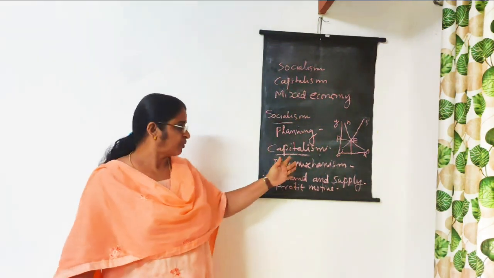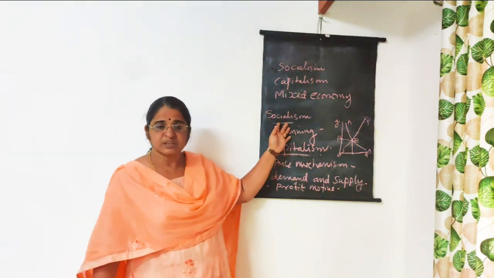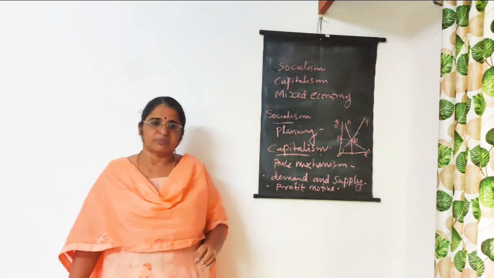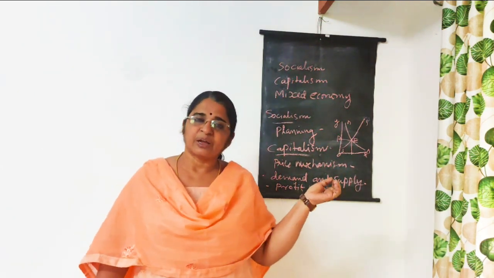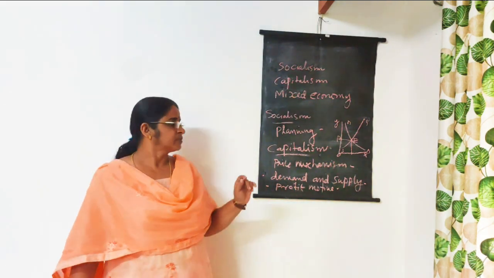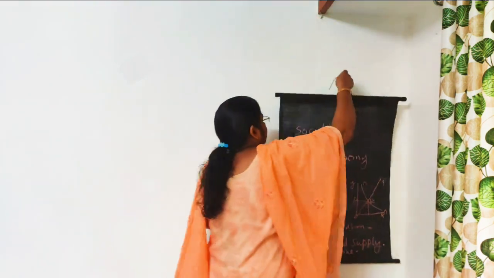Profit motive. Their motive is profit motive, and the motive of socialist countries is to maximize social welfare. In mixed economy, both profit motive and welfare motive exist. So we can see the features of mixed economy.